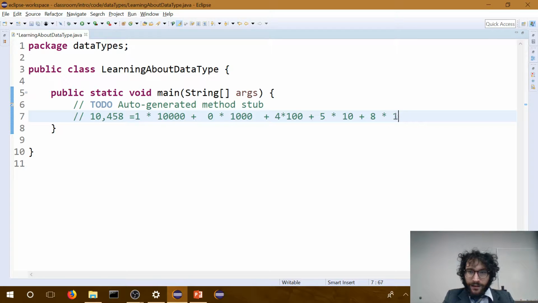I'm not actually changing any of the numbers here. I am just changing how they're represented. So 4 times the hundreds place, 10 to the thousands place.